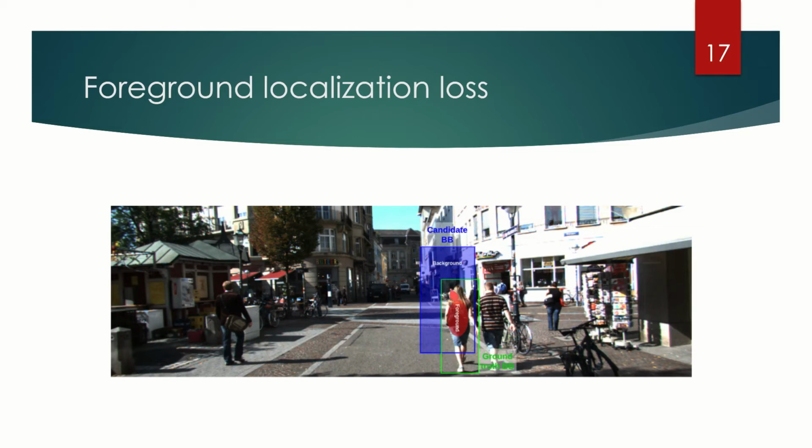The blue box here represents a possible candidate bounding box, while the green bounding box is a ground truth bounding box. Then we consider the blue shaded area as background and the red part, that is the heat map part which is above the threshold, we consider it as foreground, and we learn from this. This way our model learns to model background and also a small part of the foreground.